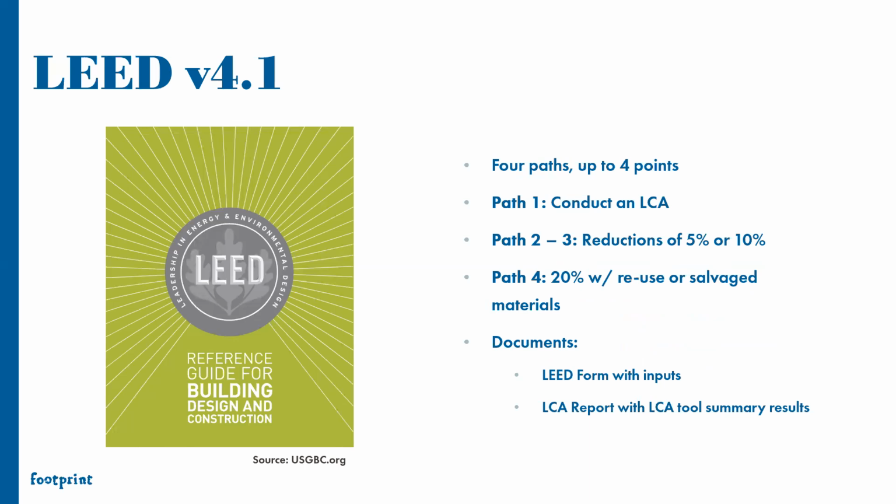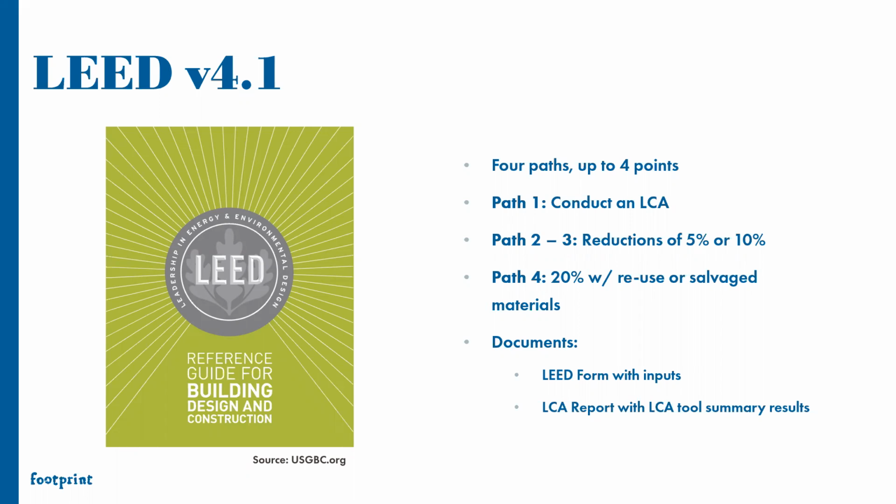And then for paths 2 and 3, we would like to see reductions of maybe 5% or 10%. There were some comments that maybe that 10% was a bit too challenging, but as this came out a number of years after the original release of LEED, it may have been a little bit easier, and they provided a 5 and 10% reduction. So 5% would get you 2 points, 10% would get you 3 points.